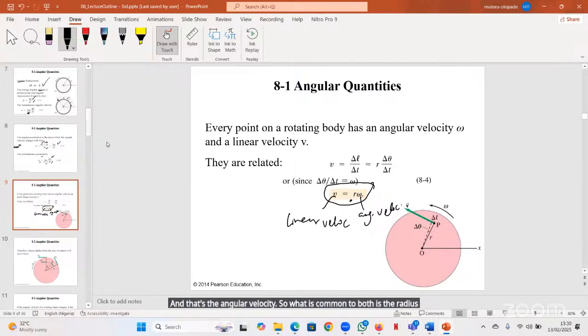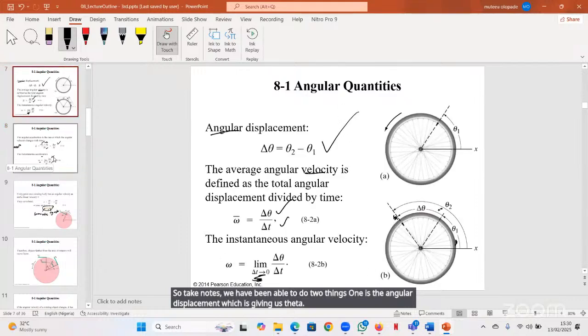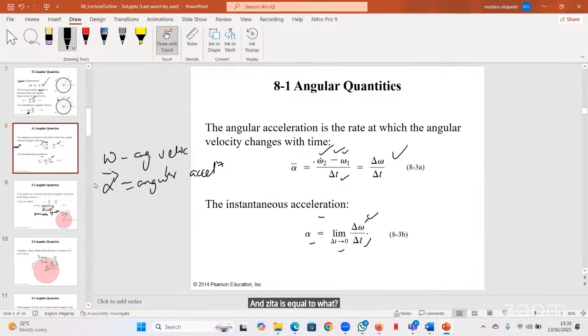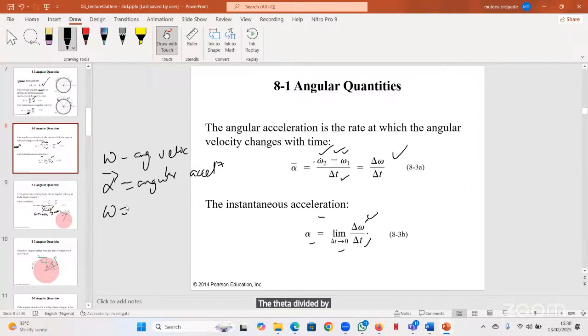So take note, we have been able to do two things. One is the angular displacement, which is given as theta. And theta is equal to what? We have angular velocity. Angular velocity will be given as the change in the angular displacement divided by time.